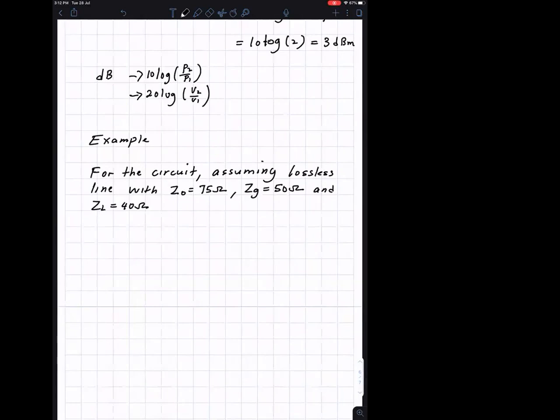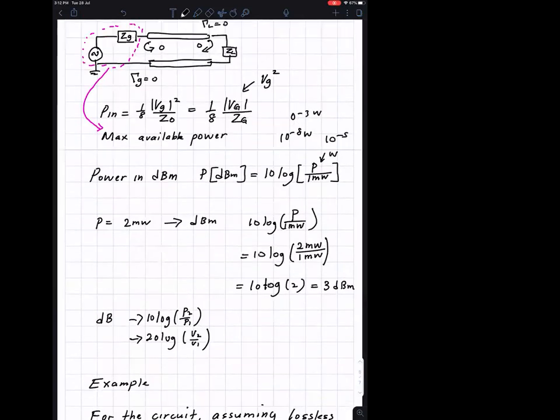You're wondering which circuit that is? That's a circuit. Let me copy that over here.